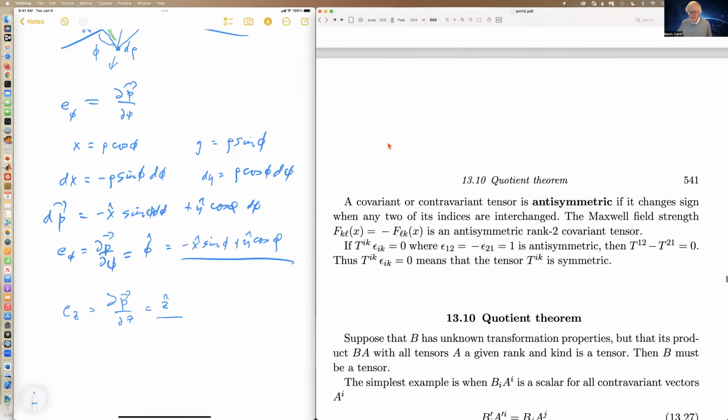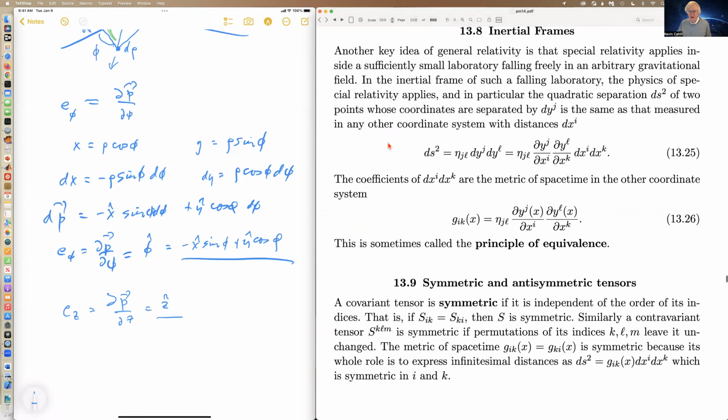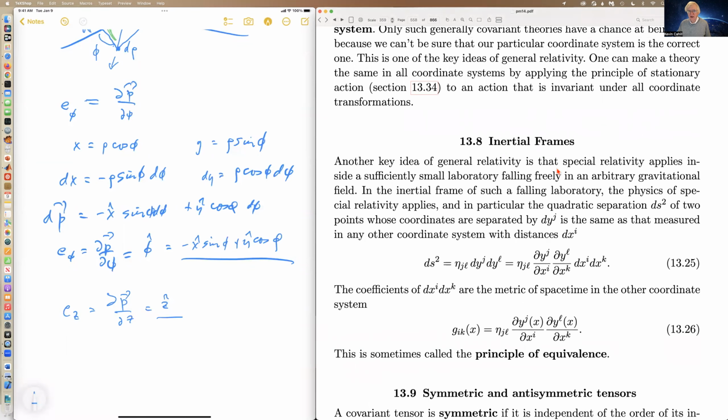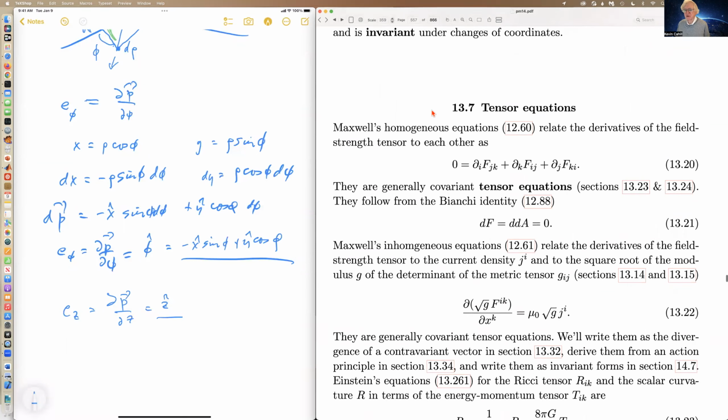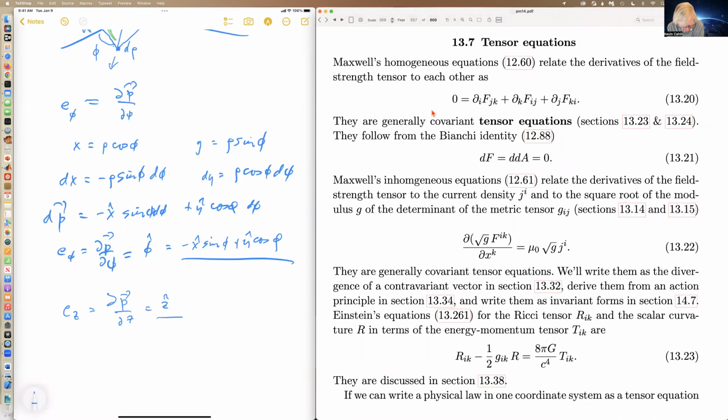I skipped over something which I should have, I think. Well, let's just mention this about tensor equations. As I said to you last time, one of the basic insights of Einstein was that if you wrote physics in terms of tensors and tensor equations, then the equations would look the same in any system of coordinates.